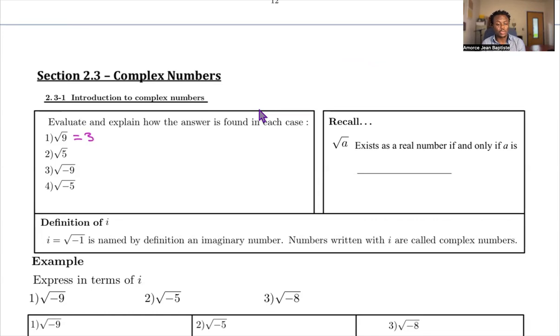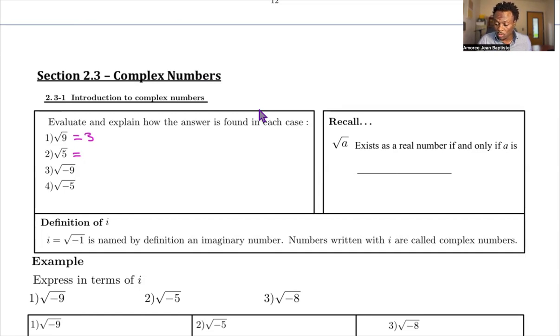How about the square root of 5? Well, there's no integer, no natural number, that you can multiply by itself to give you 5. So for the square root of 5, you're going to need to use your graphing calculator and approximate this number.